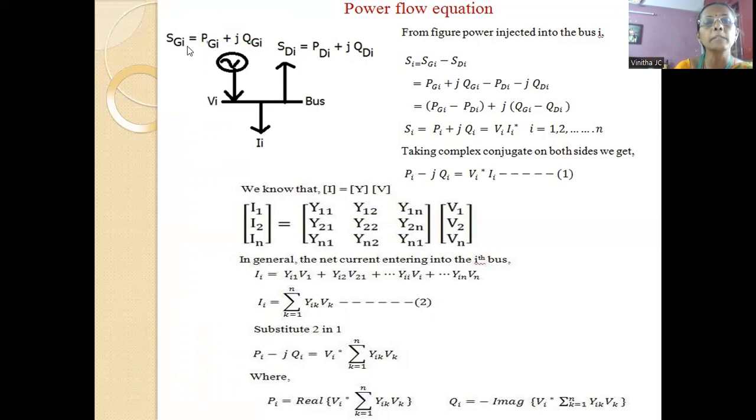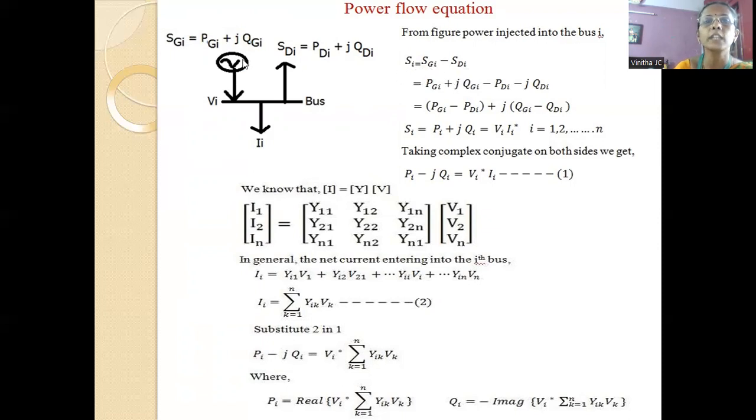The complex power for a generator is represented by SGi, which is PGi plus j into QGi. The power drawn from the bus is SDi, which is equal to PDi plus j into QDi. The total power at bus i can be represented as Si equal to SGi minus SDi.